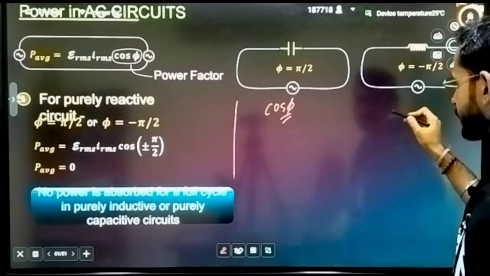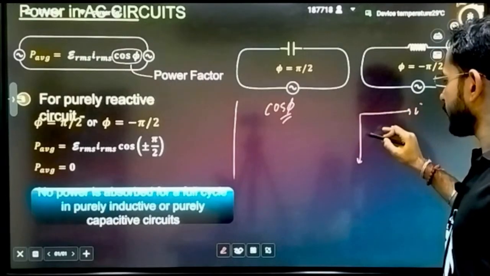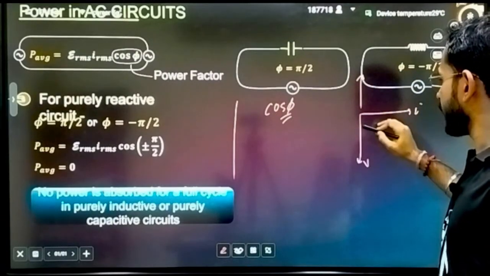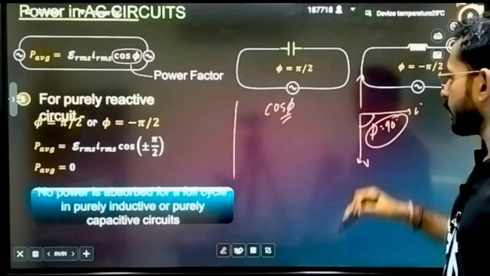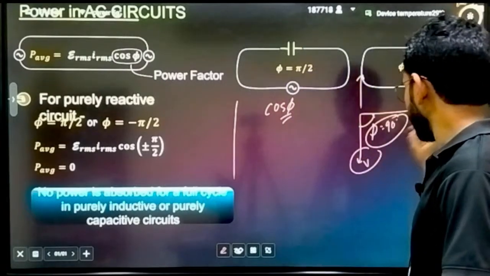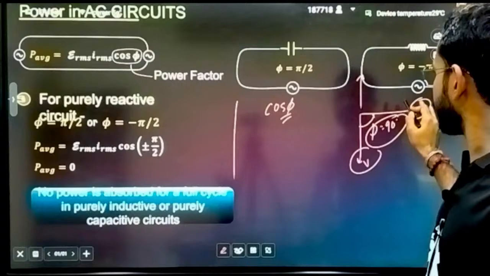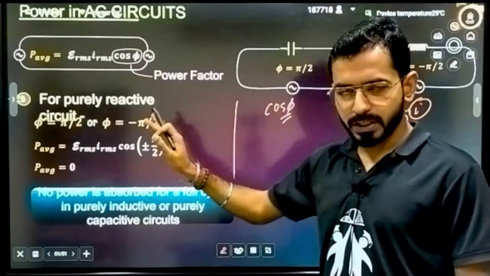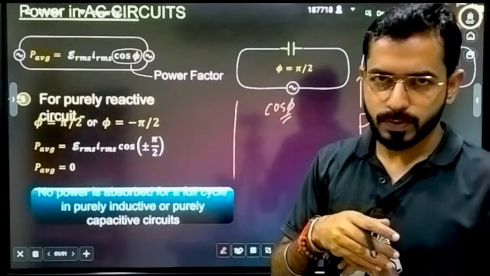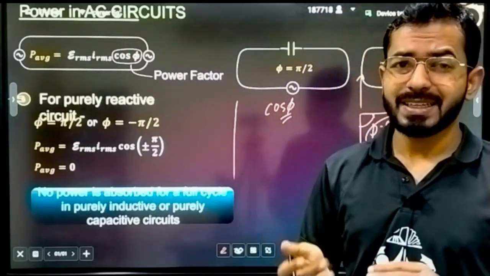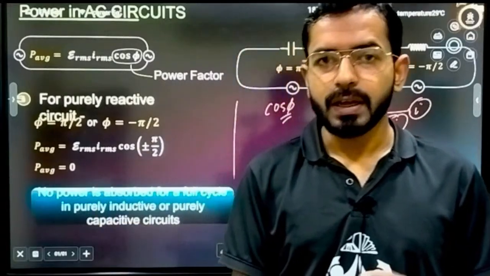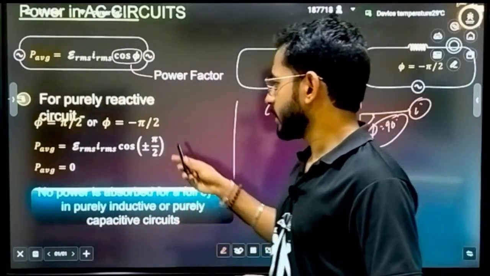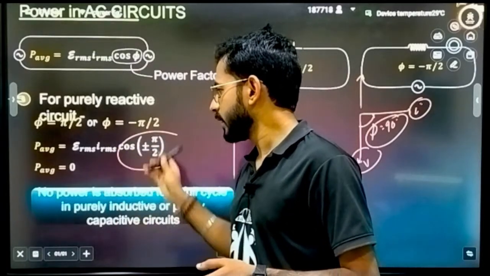For a purely capacitive circuit, this is the potential, and the current is leading by an angle of 90 degrees. Here we are talking about a purely reactive circuit, so both capacitive and inductive are possible. In an inductive circuit, the current is lagging by an angle of 90 degrees, and in a capacitive circuit, the current is leading by 90 degrees. So in both cases the angle is 90. Whether you write plus 90 or minus 90, cos of 90 degrees is always 0.